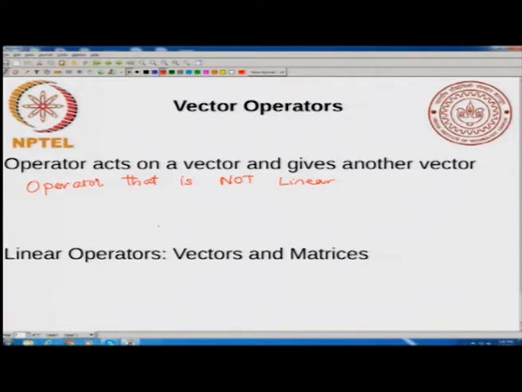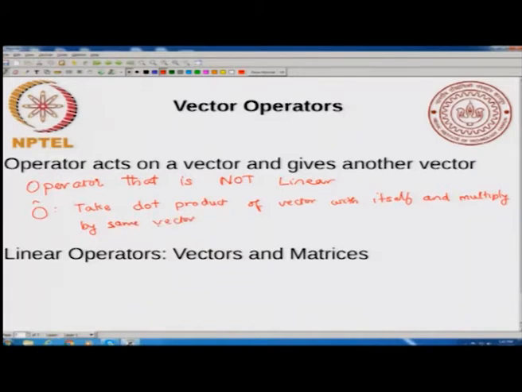Suppose I define my operator as something that takes the dot product of a vector with itself and multiplies by the same vector.